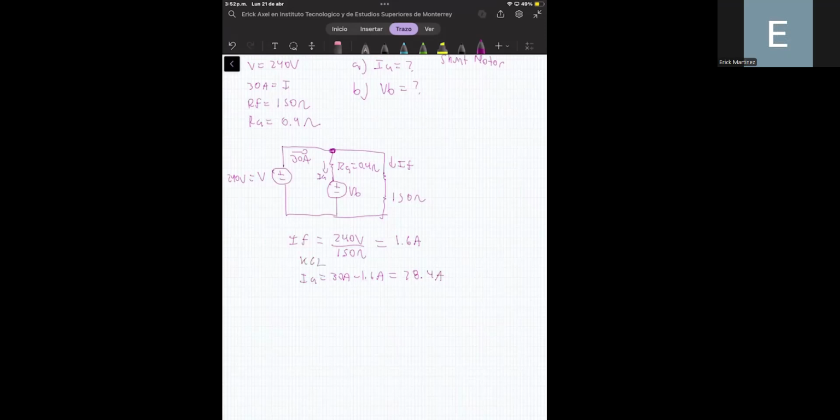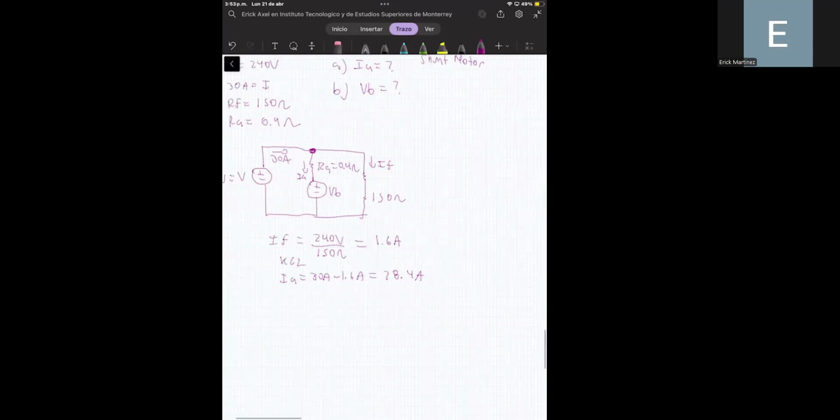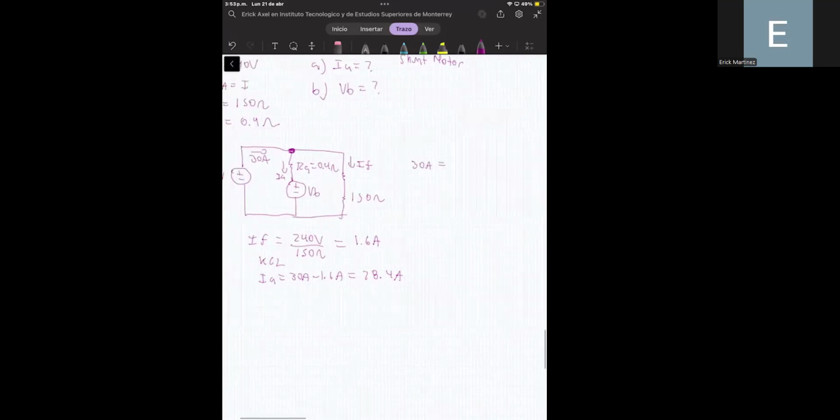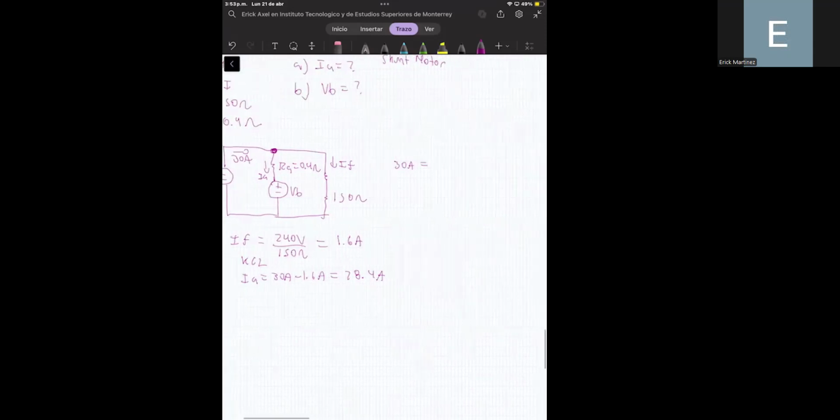And the reason for that is that we are applying the Kirchhoff current law. Remember that in this case, this current is entering this node and the other currents are leaving, okay? So based on this fact, we can compute the current that flows through the armature by applying the Kirchhoff current law. So I will express this in this section, no? We know that the 30 ampere current is entering the node and the current that is entering should be equal to the current that is leaving, that is the armature current, plus the current in the shunt field.